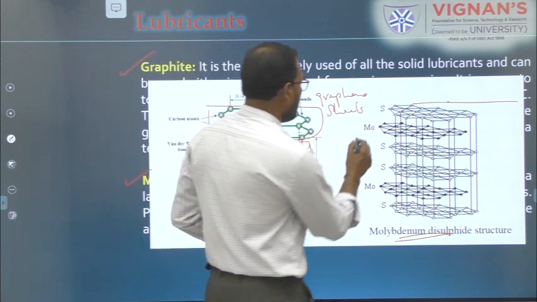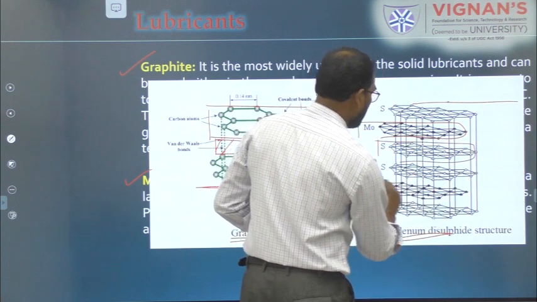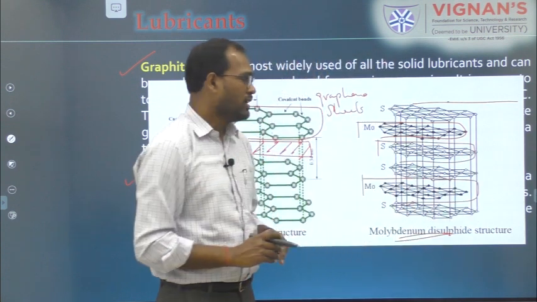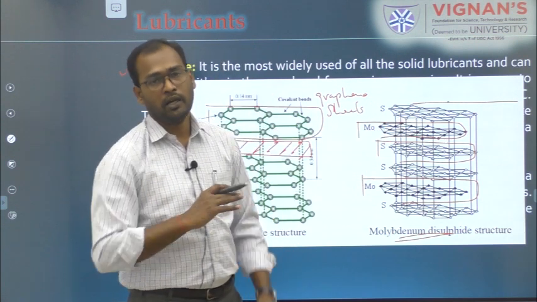Here you can see molybdenum as one layer and sulfur as one layer, and it acts like a sandwich. If there is any imperfection in this layer, then you can achieve lubricating property.